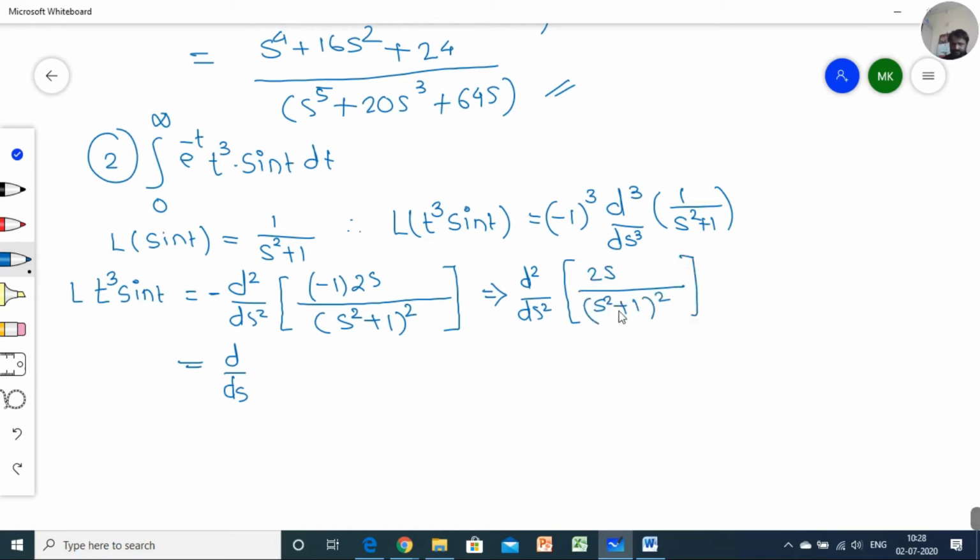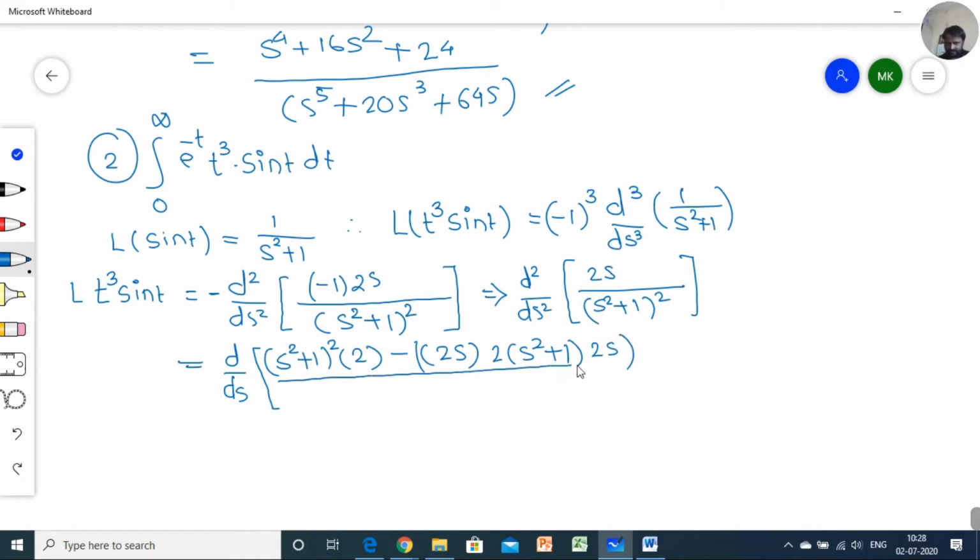Now one by one, the first term I take is s square plus 1 raised to power 2 as it is, and the derivative of the numerator, 2s, becomes 2. Now minus of u, that is 2s, into the derivative of the denominator, which is 2 into s square plus 1, and the derivative of s square is 2s. You can give the bracket for the negative sign, divided by v square, that is s square plus 1 raised to power 4.